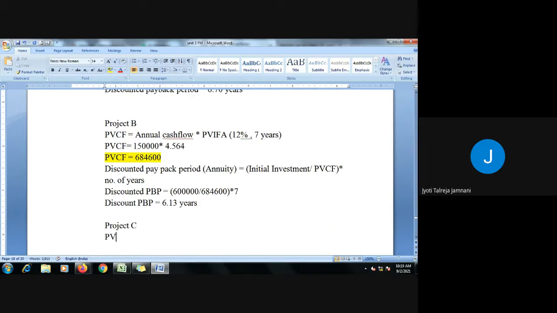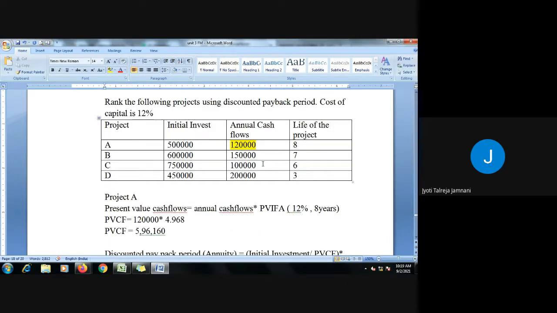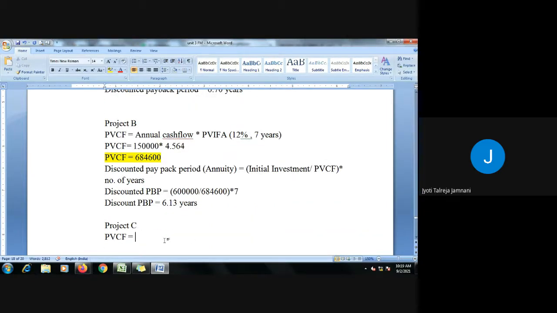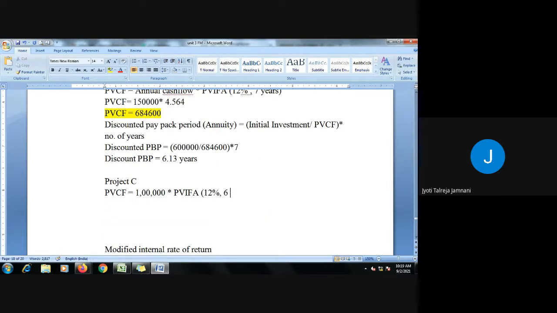Similarly, we'll find present value of cash flow, which is equal to annual cash flows. For project C, the annual cash flows are 1 lakh rupees, into present value interest factor annuity at 12% for 6 years. The project C has a life of 6 years.